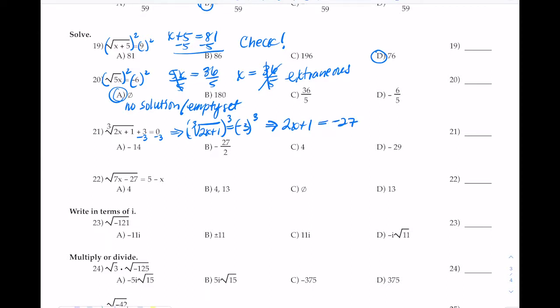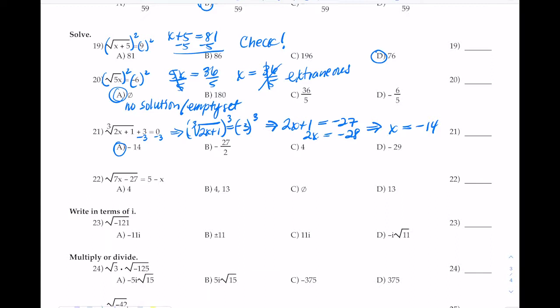Negative 3 to the third is negative 27. And then I'm going to subtract 1, and you would get this. And then I'm going to divide by 2. And negative 28 divided by 2 is negative 14. And you can certainly go ahead and plug that in, and it will work out.